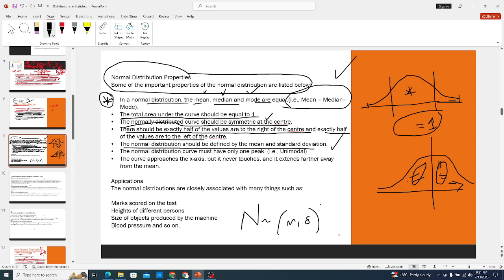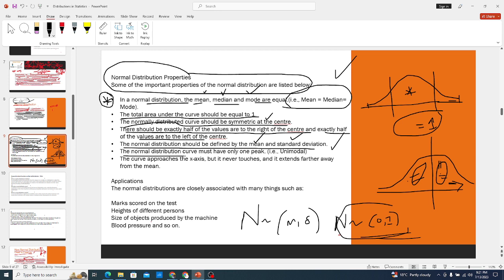And for a standard normal distribution, we usually say that all values are standard normally distributed with mean 0 and standard deviation 1. Yes, this is how we define a standard normal distribution. The normal distribution should have a defined mean and a defined standard deviation.